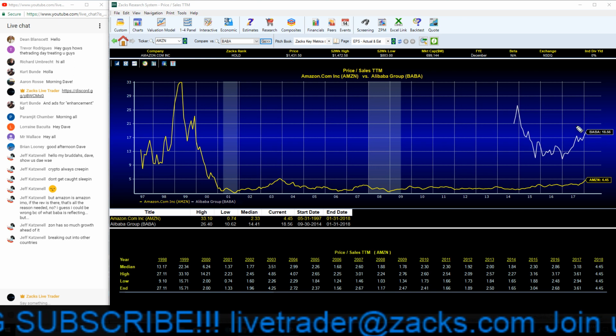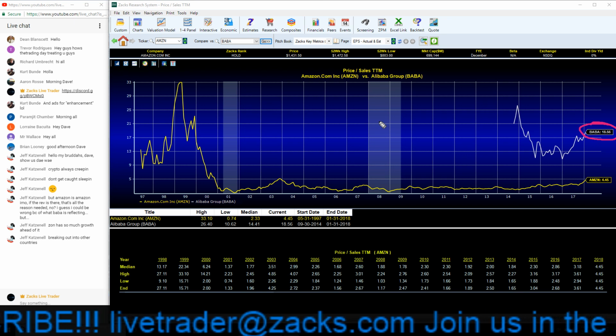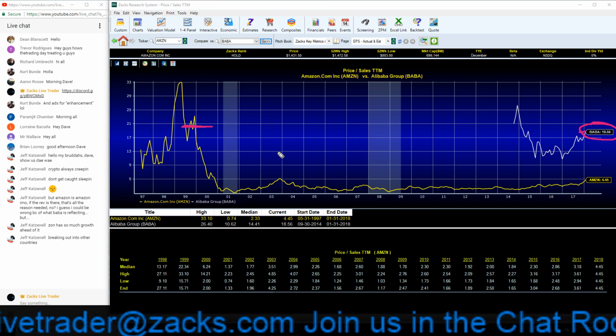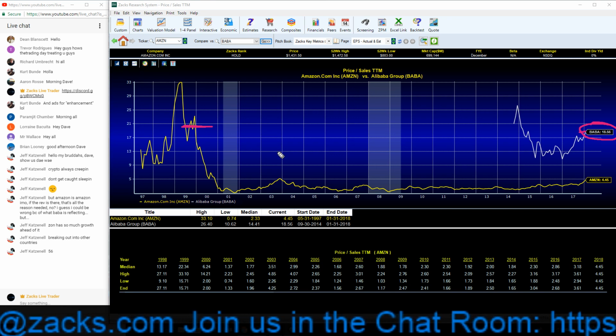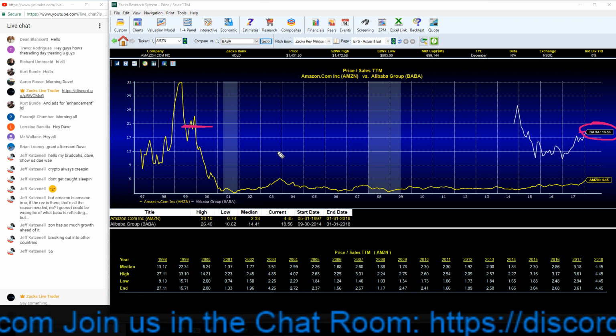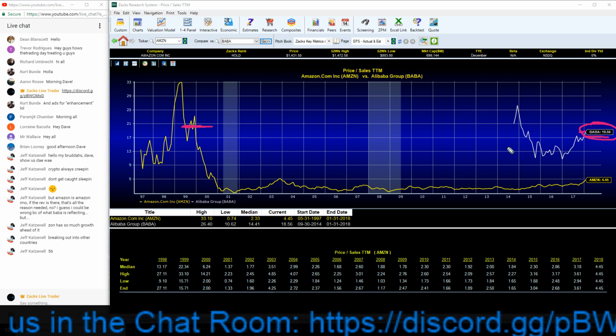And here you can see that Alibaba trades at 18.5 times sales. So Alibaba is basically trading here at 1999 Amazon valuations when you're talking about price to sales. A little bit different.